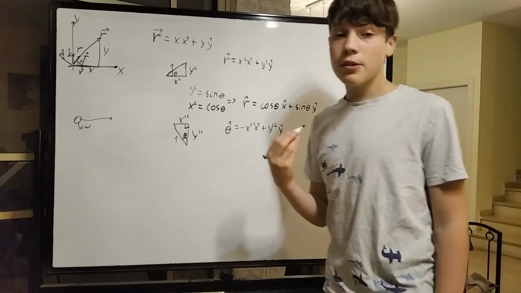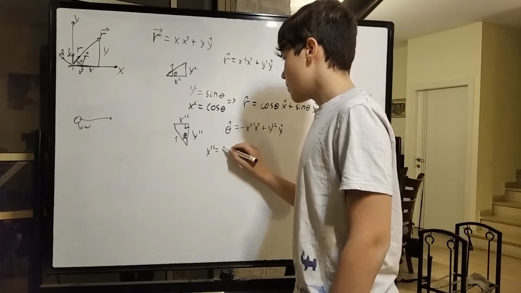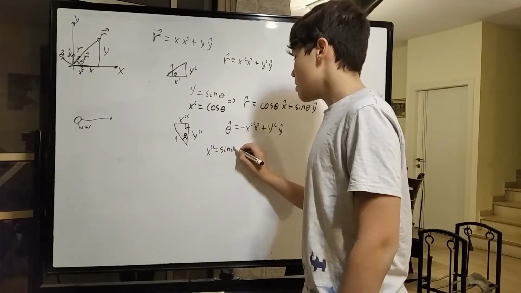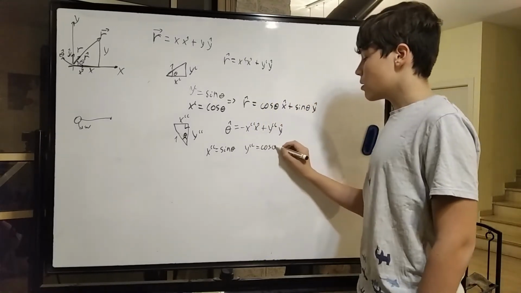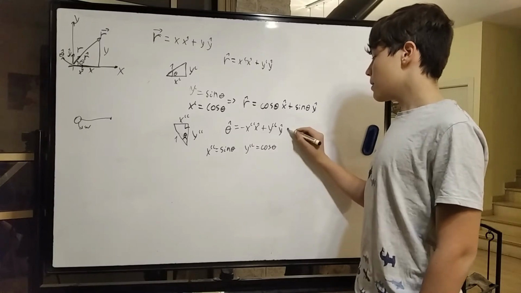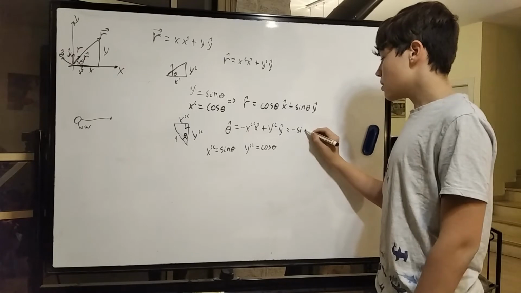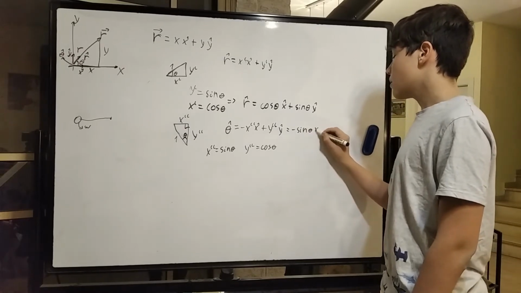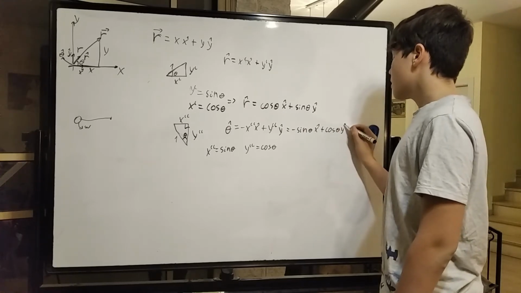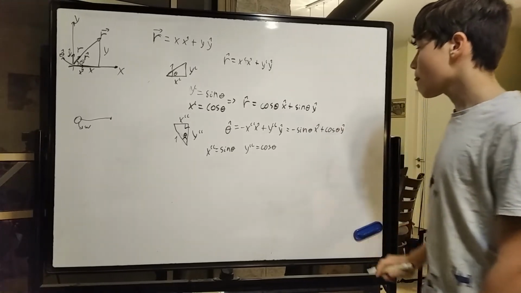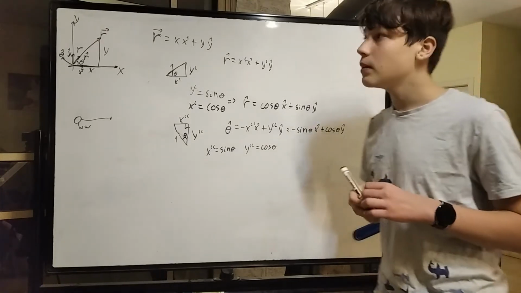And now again, simple trigonometry tells us that x double prime is sine theta and y double prime is cosine theta. Meaning that our formula for theta hat is negative sine theta x hat plus cosine theta y hat. So these are our 2 formulas for r hat and theta hat.